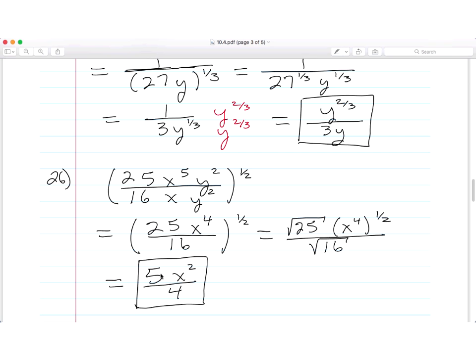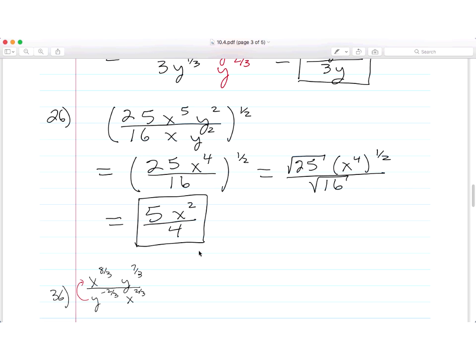The square root of 25 is 5. The square root of 16 is 4. The square root of x to the 4th, well, I can raise this to the power 1/2. So x to the 4 times the power 1/2. Multiply the 4 times 1/2 to get x to the power 2. And so this simplifies to 5x squared over 4.